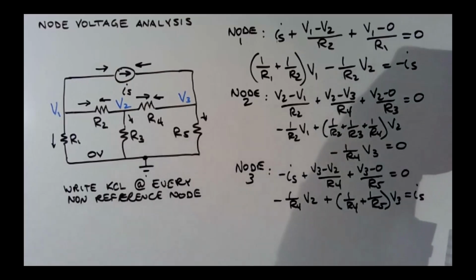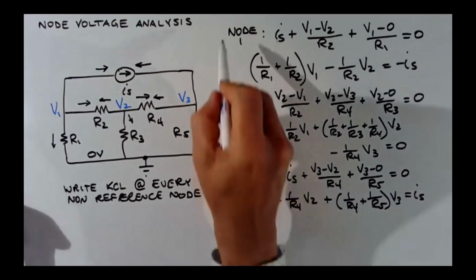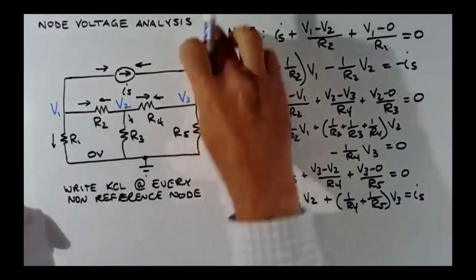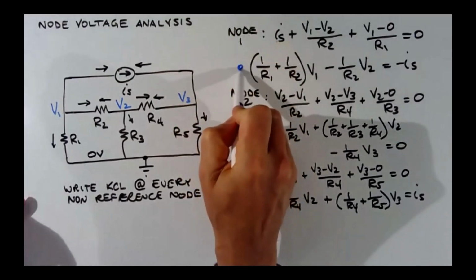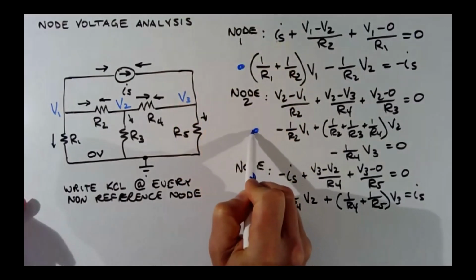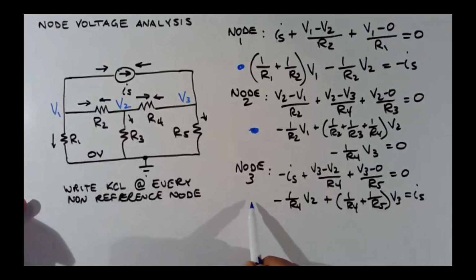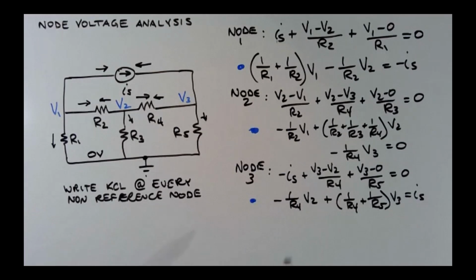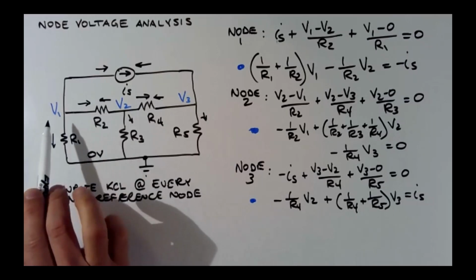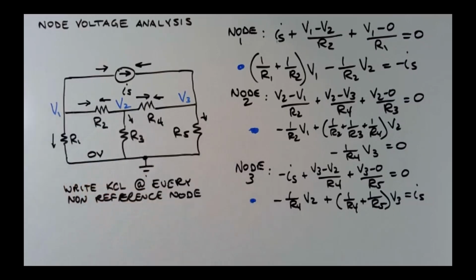Okay, so those are the equations. Here's an equation, here's an equation, here's an equation. And if you solve those equations simultaneously, 3 equations, 3 unknowns, you'll get the answers for V1, V2, and V3.